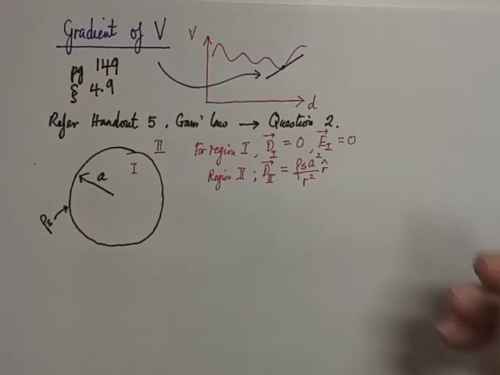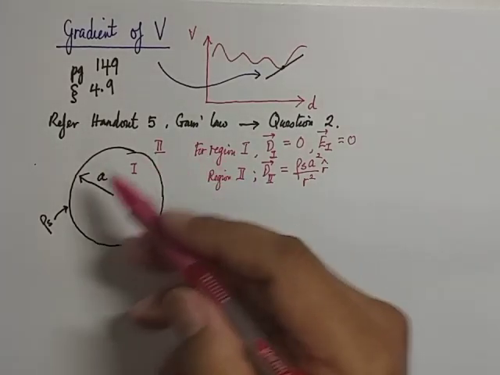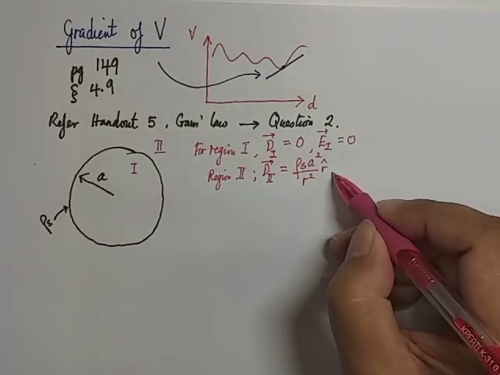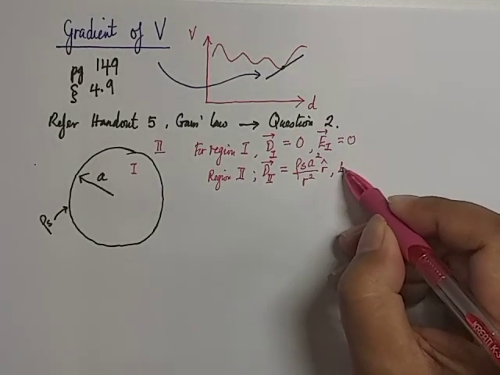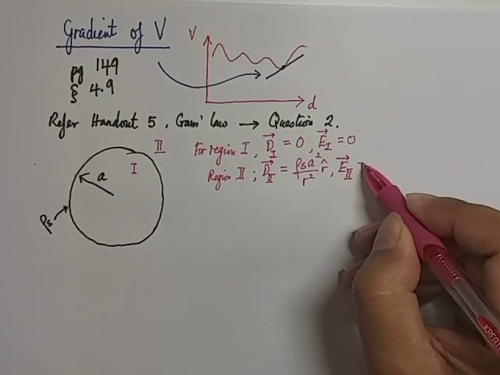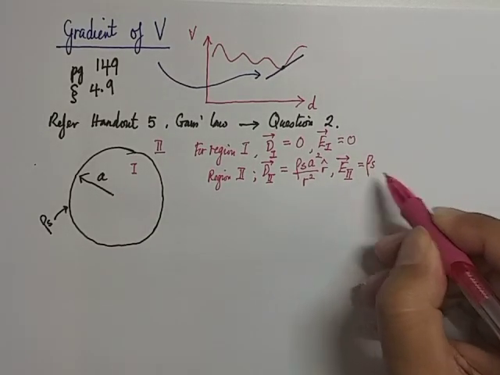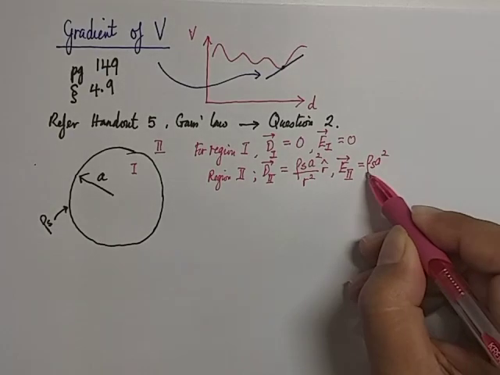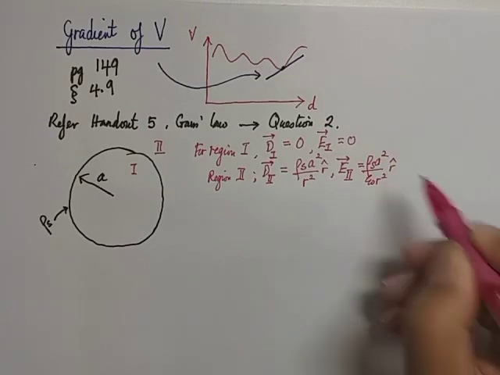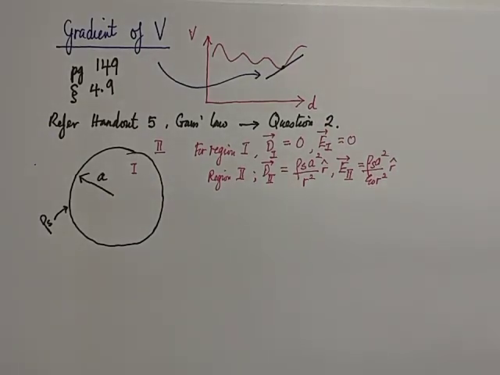And since the medium of interest in this problem is free space, the electric field intensity E in region number 2 is rho s A squared over epsilon naught R squared in the R direction. I hope you can still remember this solution that we did together.